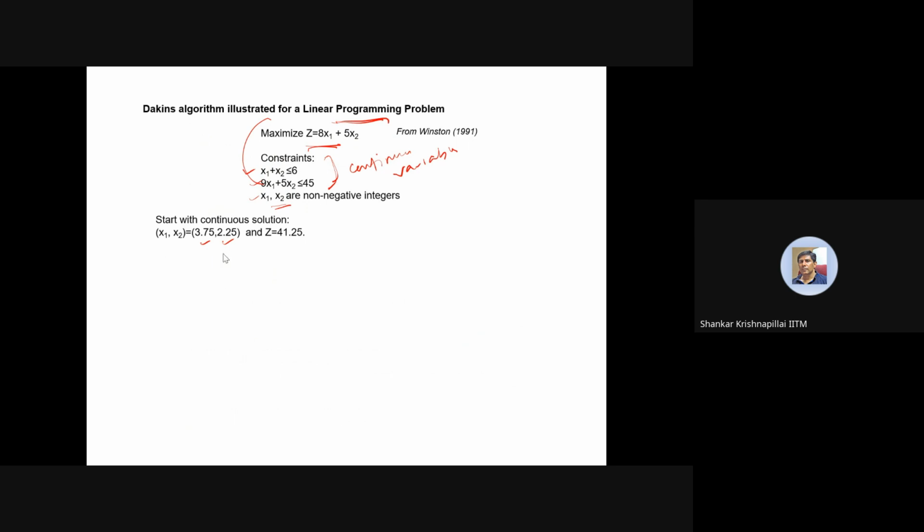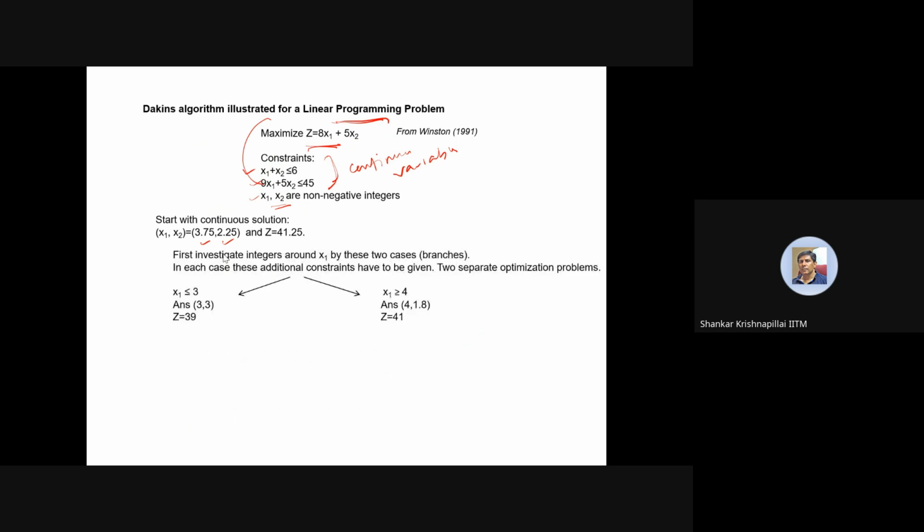Okay, so next, what you have to do is that, so here both are variables.